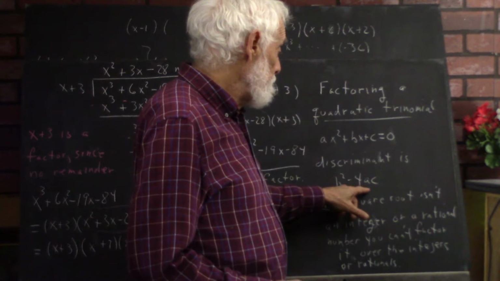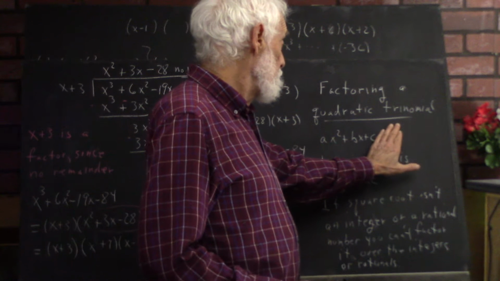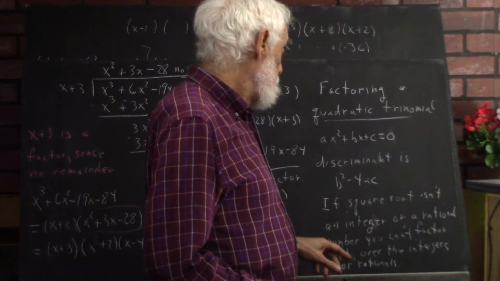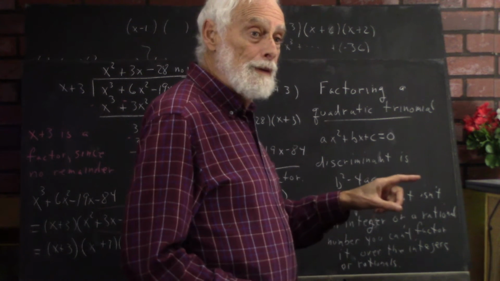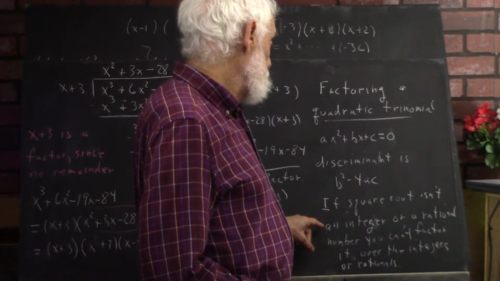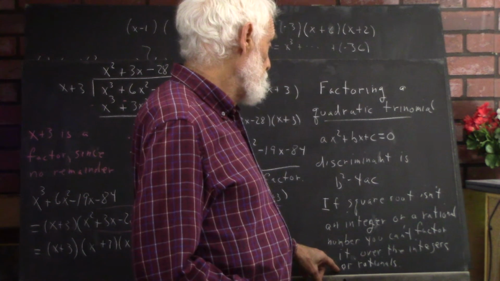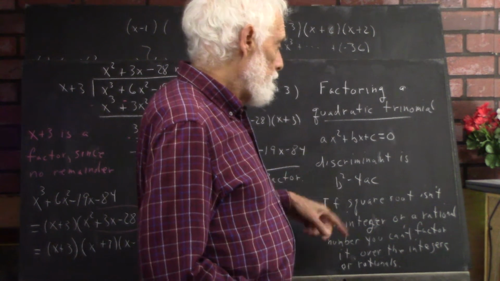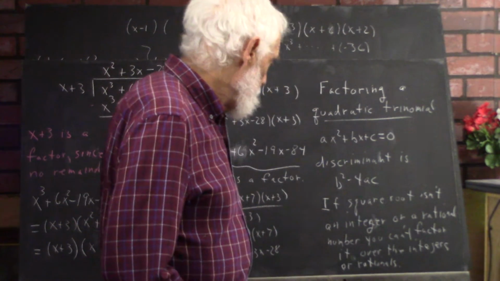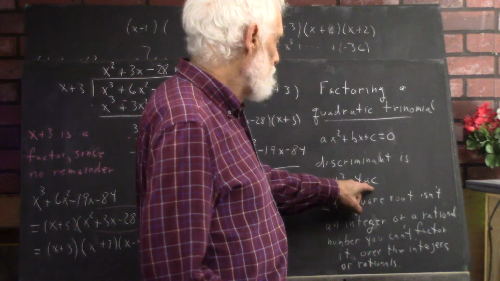So the discriminant, in order for the trinomial to factor, has to be non-negative. Okay? If the square root isn't an integer or a rational number, you can't factor it over the integers or rationals. Even more, the discriminant is this.